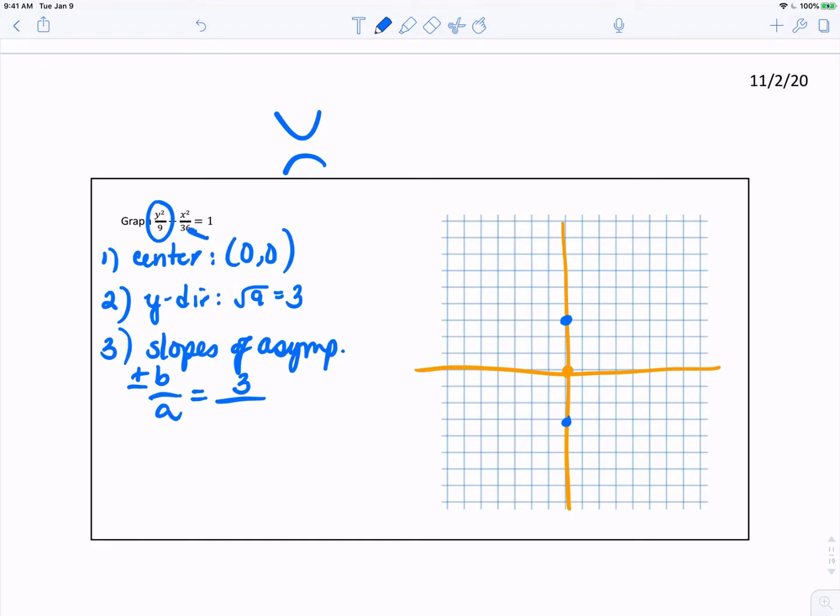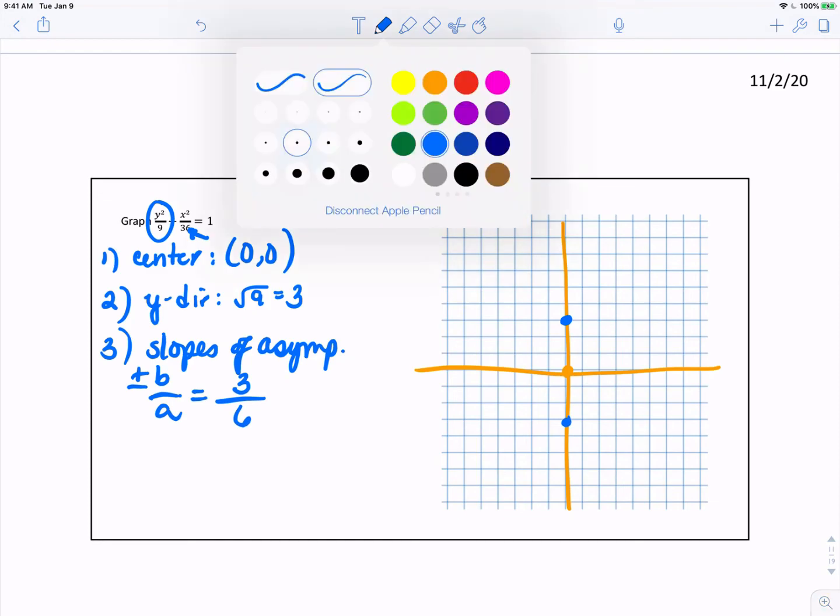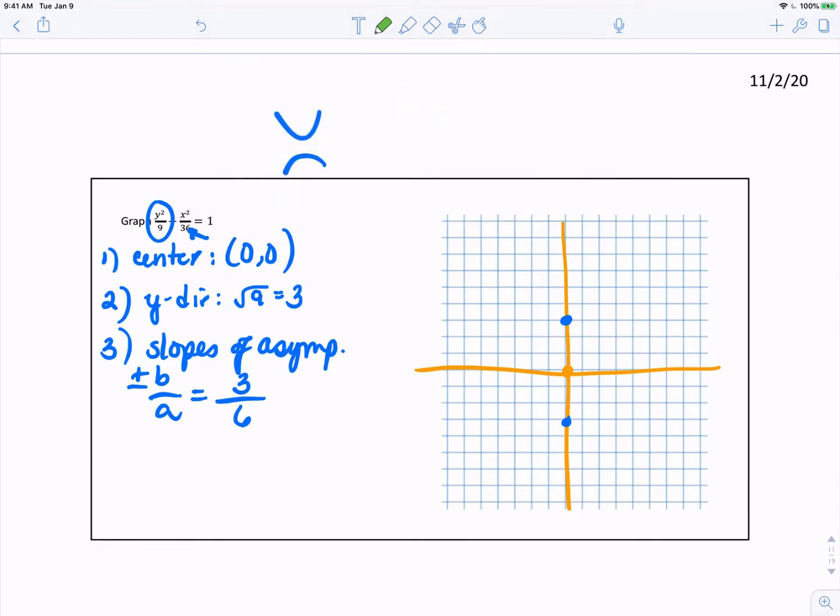A is the square root of the number under x, so that's going to be 6. So we have plus or minus 3 over 6, or in other words, plus or minus 1/2. Okay, so let's go ahead and write in the asymptotes. So up 3 over 1, 2, 3, 4, 5, 6.